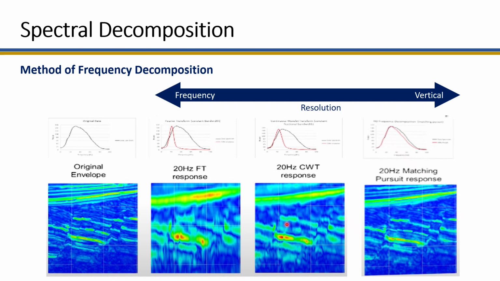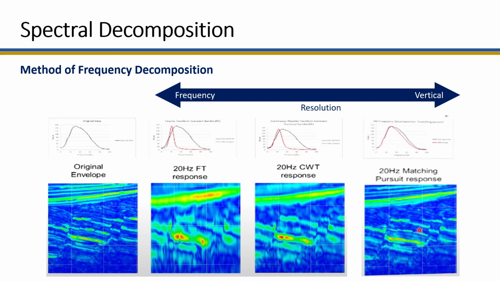If we take this further into a matching pursuit, again centered at 20 Hertz, like this graph, we have a much wider bandwidth now, and that gives us much better vertical resolution compared to the CWT and FT. So the layers are more distinct again, and we can clearly see where the top and the base of each event, each layer, is.